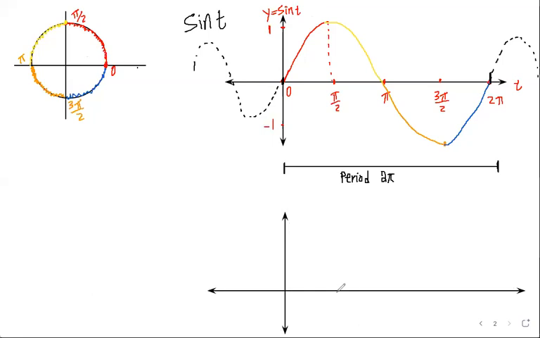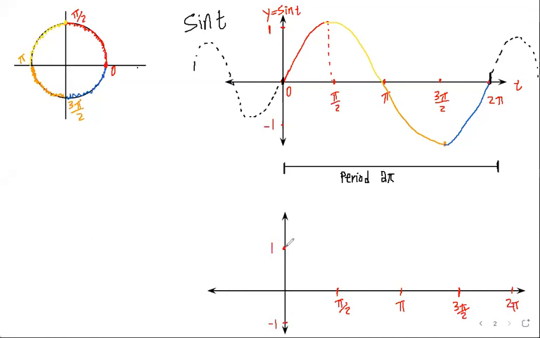So again here pi over 2, pi, 3 pi over 2, 2 pi. The graph will be here 1, and here is -1.